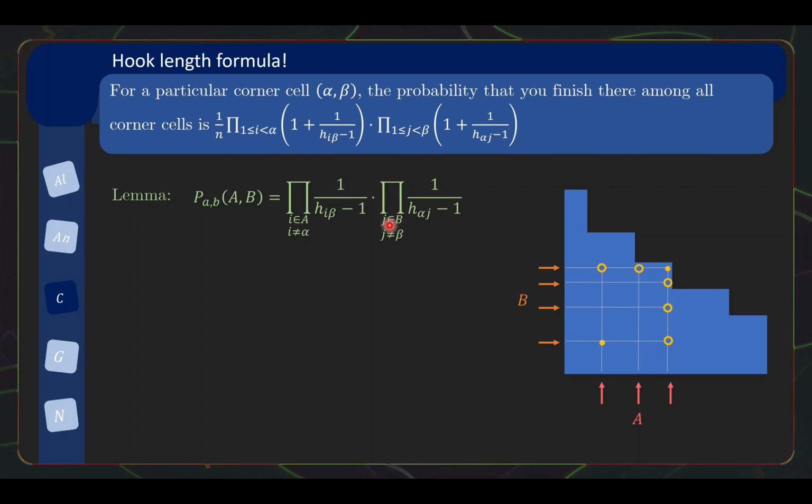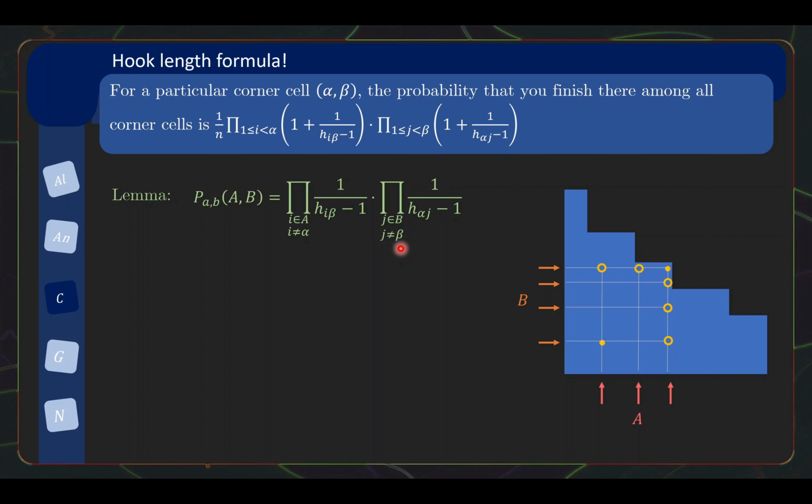This product, same thing, involves hook lengths of all these cells over here, so in the last column, but excluding the corner cell itself. So alpha is the x coordinate of this one, the rightmost x coordinate, and your y coordinate is all the elements of B excluding beta itself.